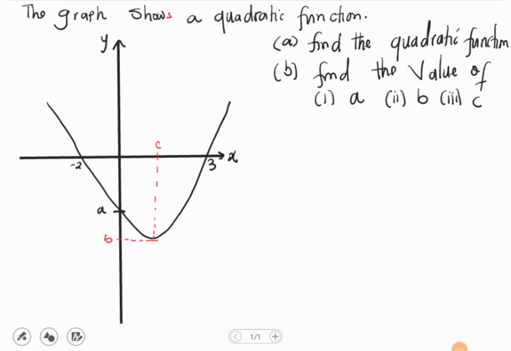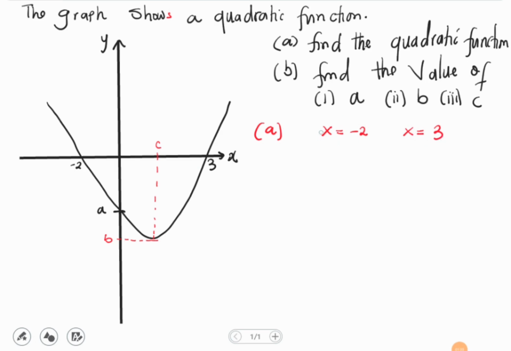So part A, to find this quadratic function, we just have to equate these two x-intercepts. For example, x here is equal to -2, and here x is equal to 3. x equal to -2 and x equal to 3.